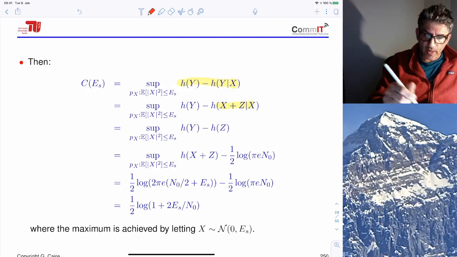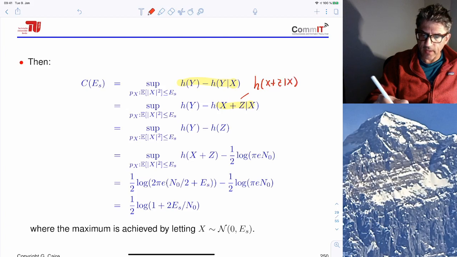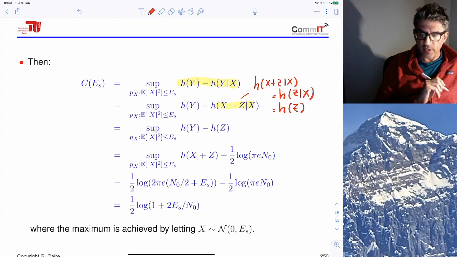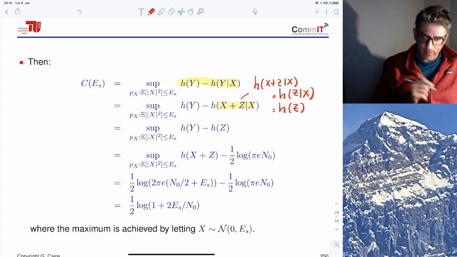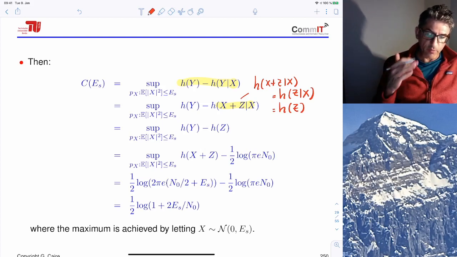Once we remove x from here, h of x plus z given x is the same as h of z given x, but z is independent from x, and therefore this is simply h of z. And this is generally true for every additive noise channel, that the second term is always the entropy or differential entropy of the noise.